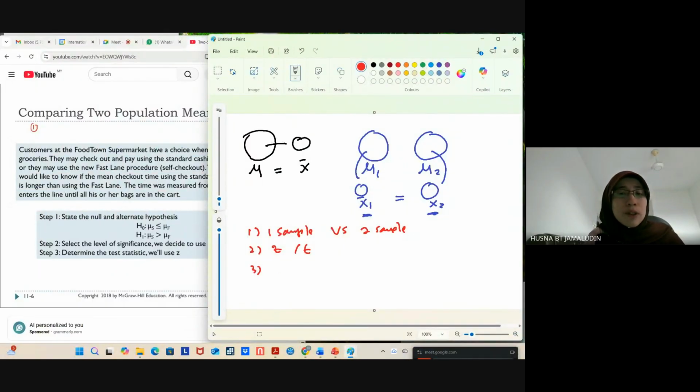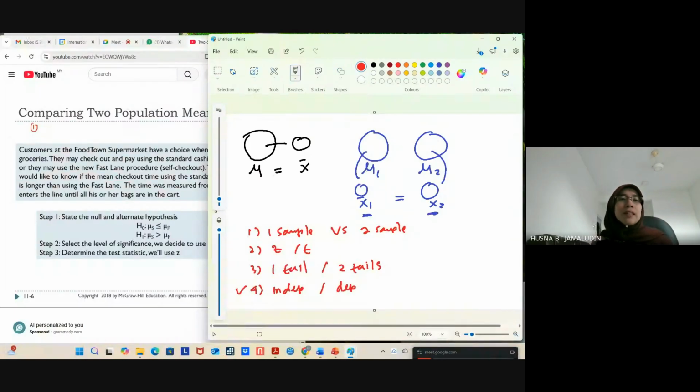Third, you have to know whether you are talking about one tail or two tail. Later on, when you are looking at dependent, you're also going to take note of point number 4, whether you are talking about independent or dependent. At the moment we KIV number 4 first, because you will be looking at independent.